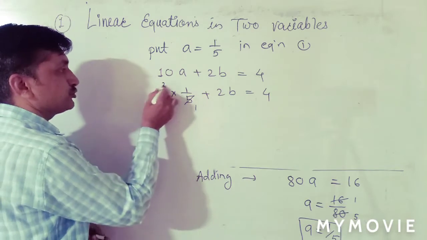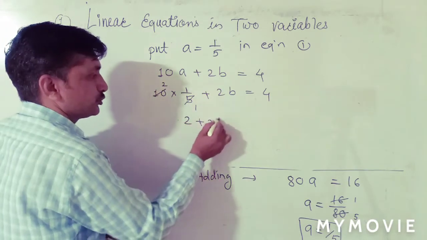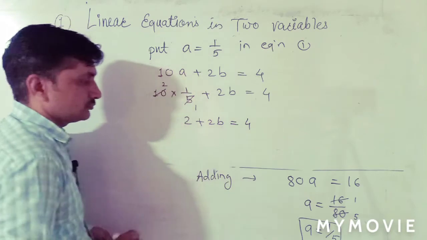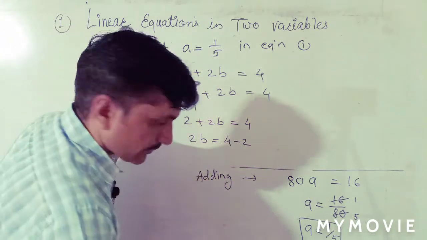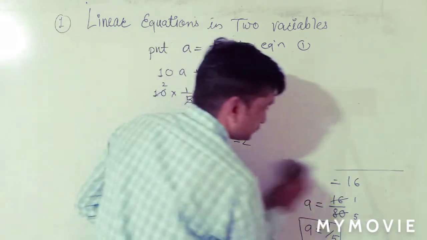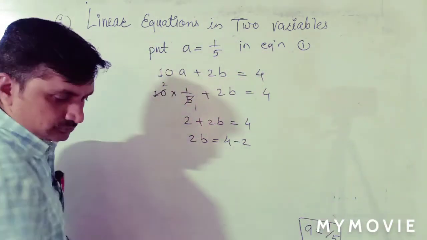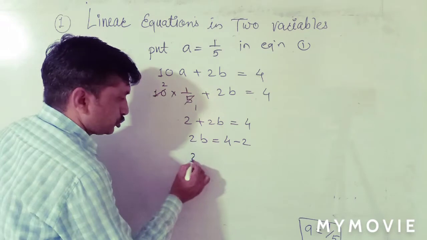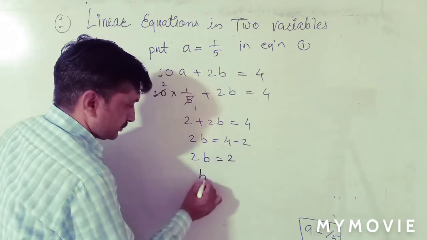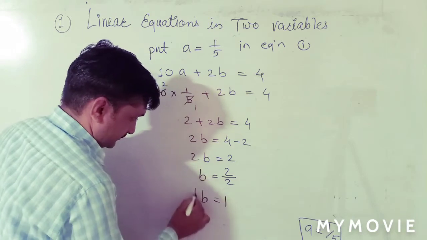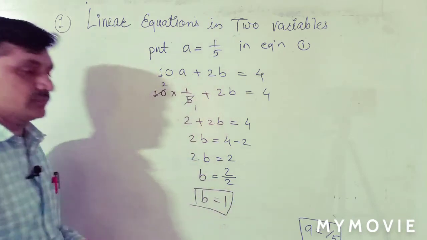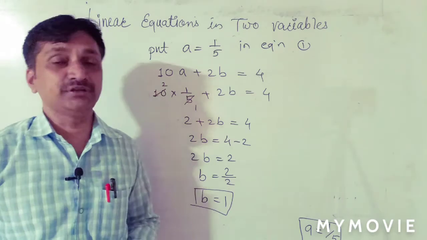Reducing, 2 plus 2b is equal to 4. 2b is equal to 4 minus 2, 2b is equal to 2, b is equal to 2 divided by 2, b is equal to 1. We got the value of b also.